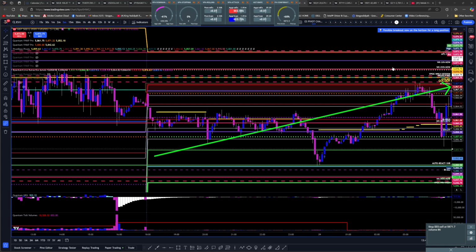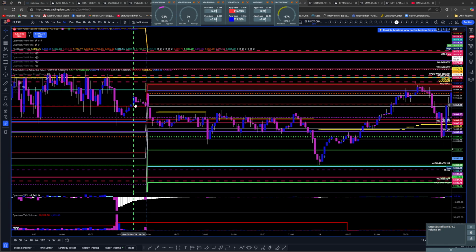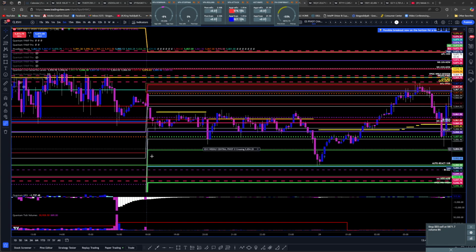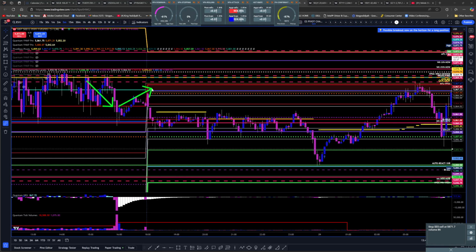Let me just check this out real quick. 58.69. All right, cool. So we have that overlapping higher value relationship where the Camarilla S3 moved up, Camarilla R3 moved up from the previous day. You can see it right here. And then it moves up to the current day, right?